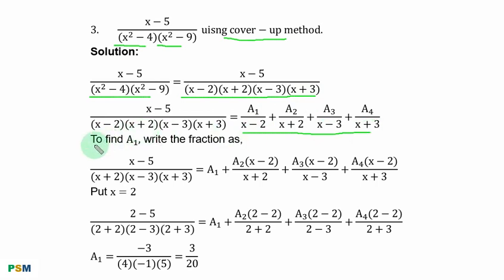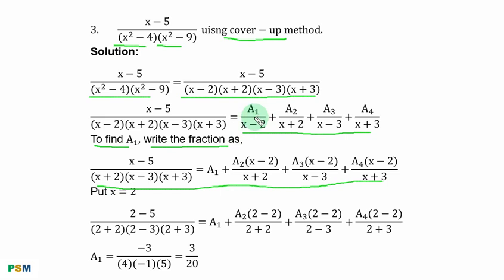We proceed to find A1 using the cover-up method. In this method, you don't need to simplify and clear fractions. To find A1, write the fraction as this. How? You use s − 2, the linear factor under A1, to multiply through.